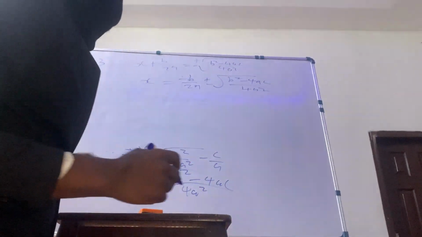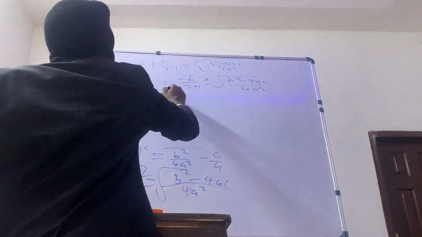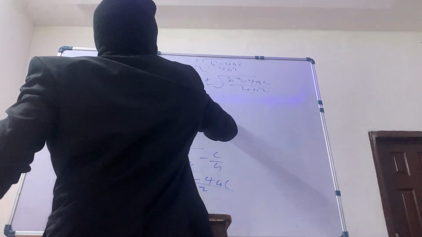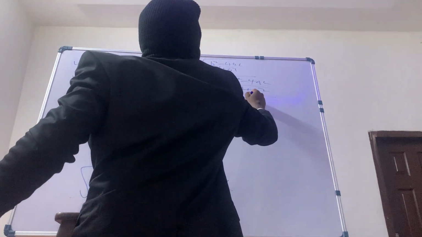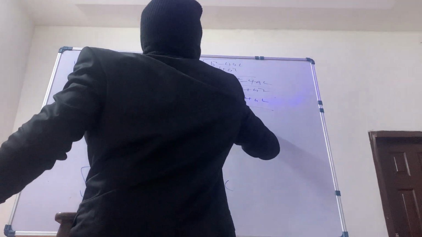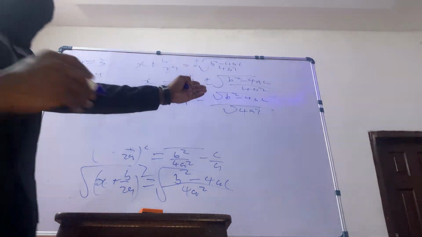And according to the laws of science, they are going to say x is equal to minus b over 2a plus or minus square root of b squared minus 4ac over square root of 4a squared.